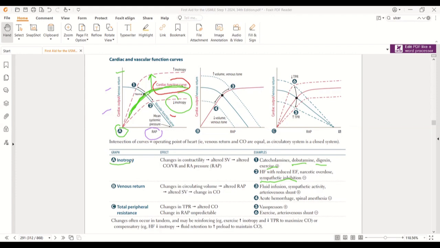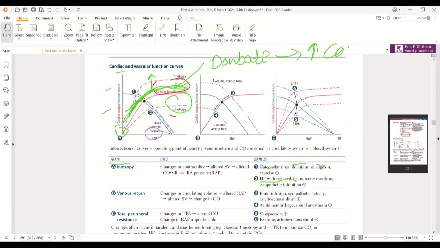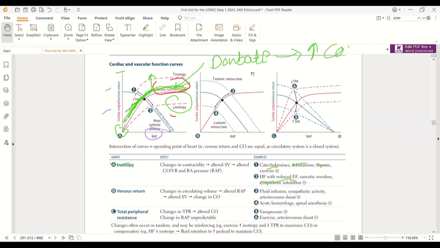Please repeat. Like this green one, this is normal. If you give a drug, dobutamine, at this position, dobutamine leads to increased contractility. Contractility means inotropy, right?